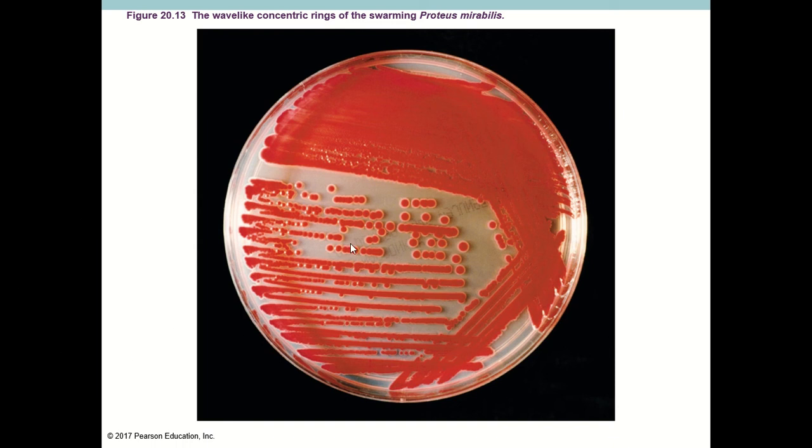We are looking at Proteus mirabilis right here, very similar to Serratia marcescens, but these are facultative anaerobes. These are most commonly associated with human disease of the urinary tract.